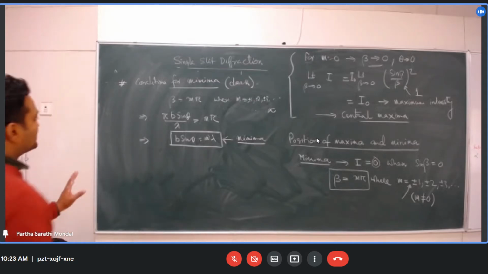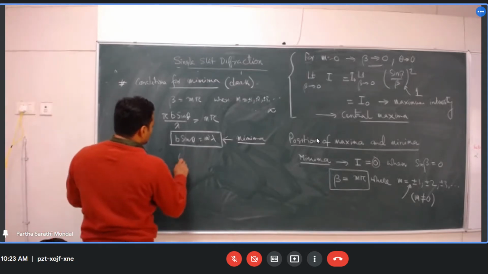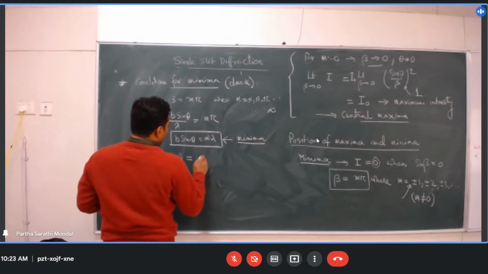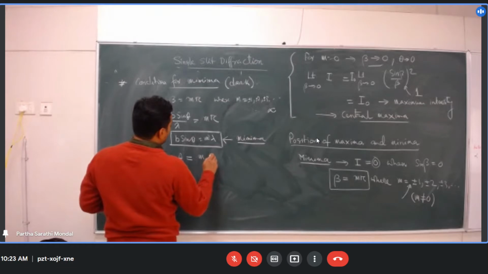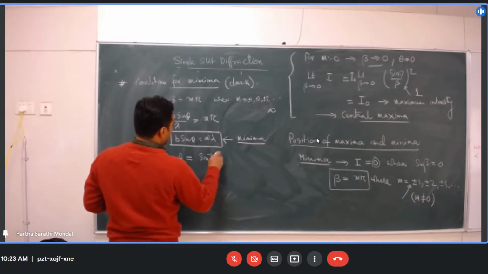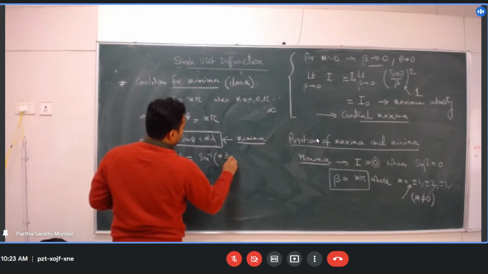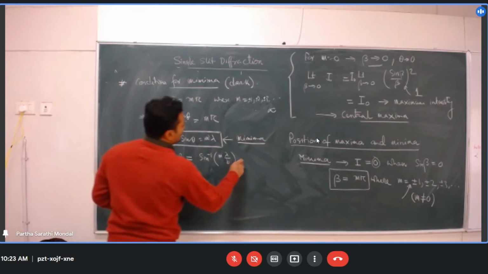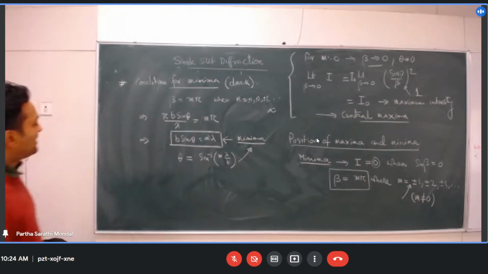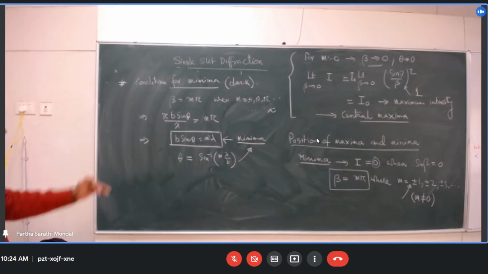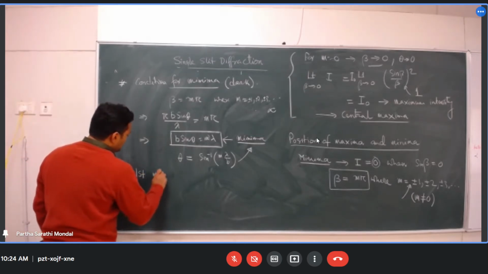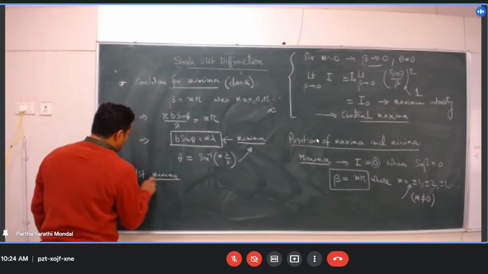Now what is the position of the first minima? Theta will be how much? Theta will be sine inverse of m lambda by b. These are the values of theta for which we will see the minima, dark, on the screen. So now what is the position of the first minima?